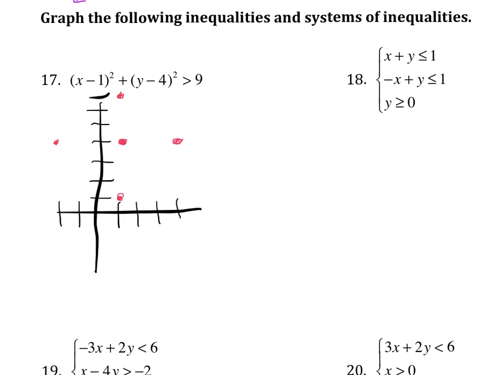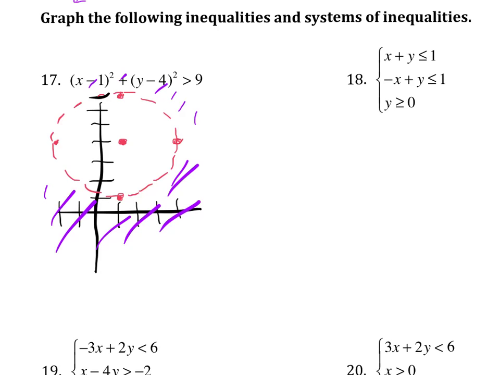And to connect our circle, we want to use a dashed line since it's strictly greater than. And for shading, since it is greater than 9, greater than the radius, we want to shade on the outside of our circle.